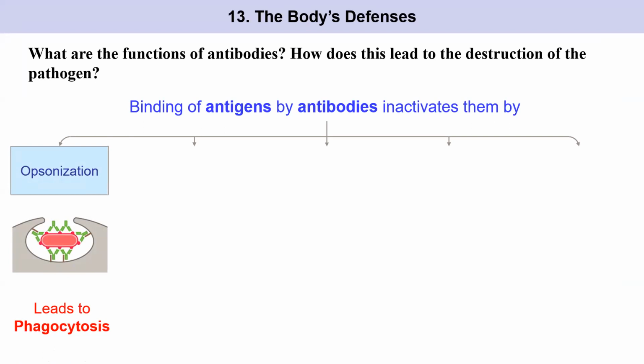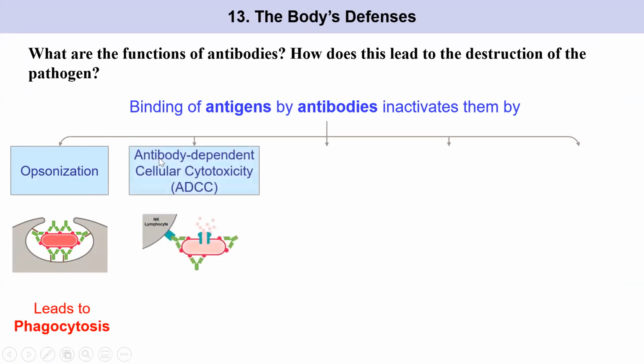It's just a fancy word for saying that phagocytosis will happen to this thing, or that it's inducing phagocytosis. Sometimes the antibodies recruit what we call natural killer cells. These are a type of T cell that can do that cytotoxic killing. So sometimes that's a scenario.